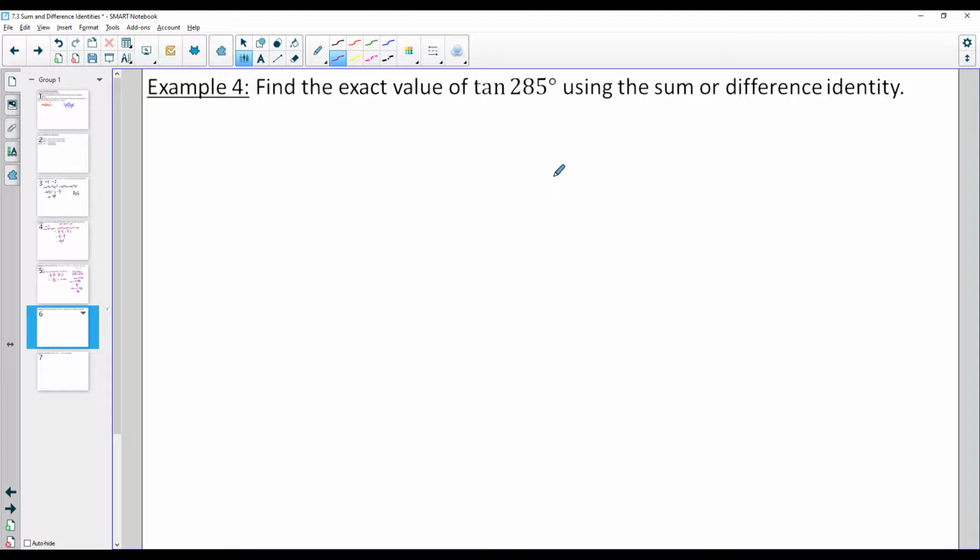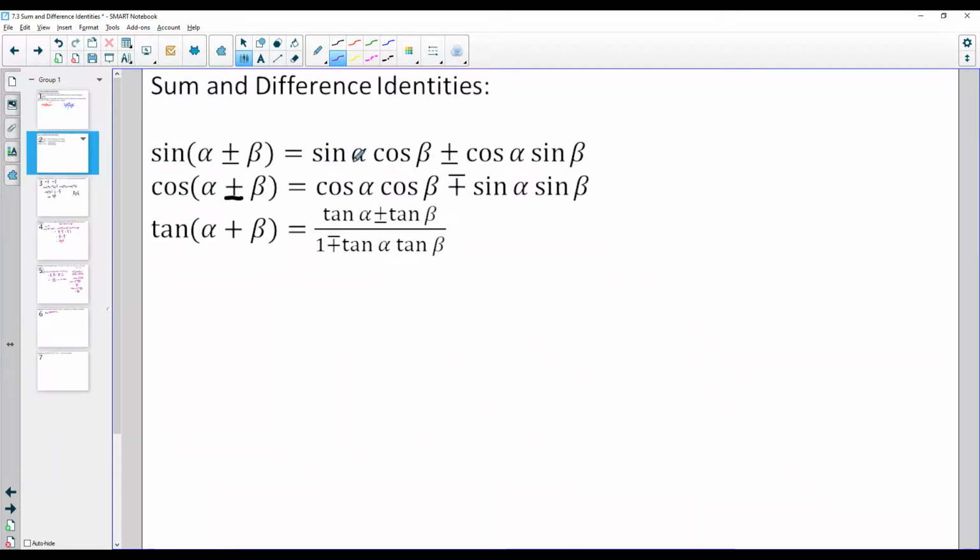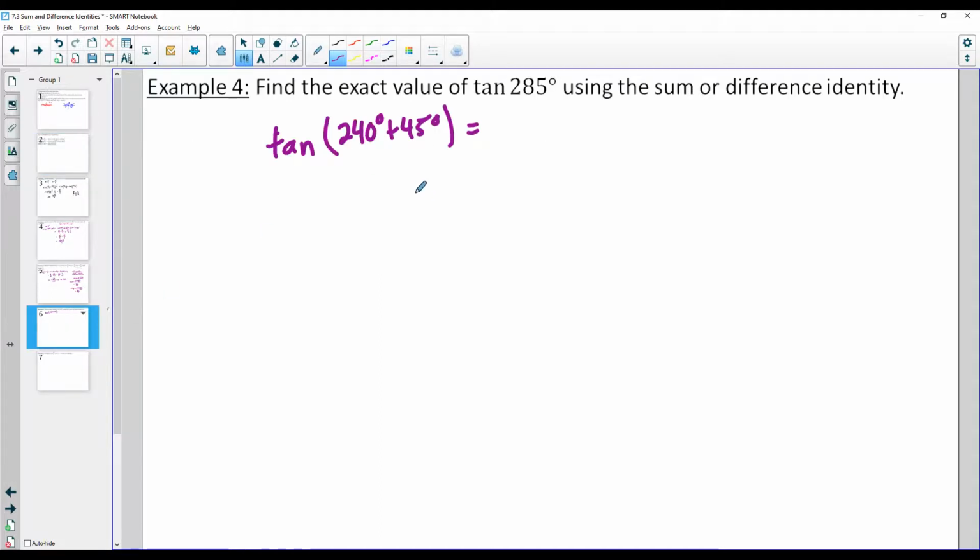And this might not initially come to mind, but a couple that we can work with is that tangent of 285 is the same as tangent of 240 plus 45, right?